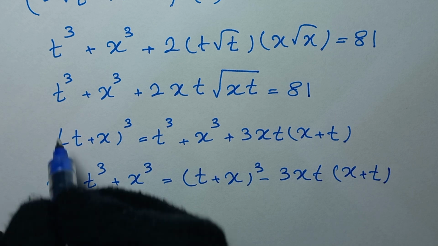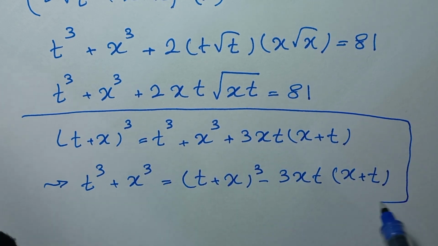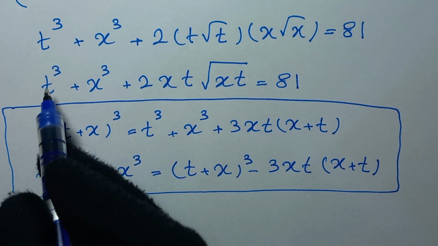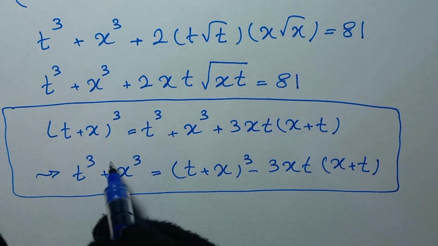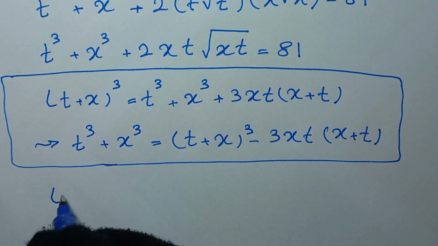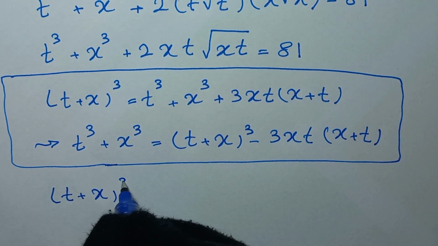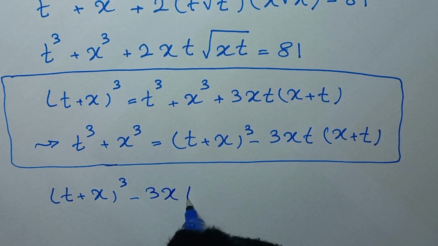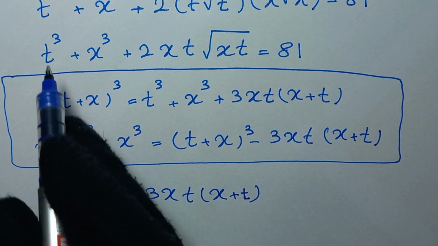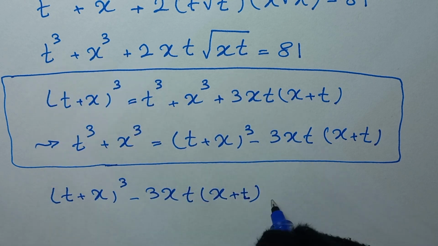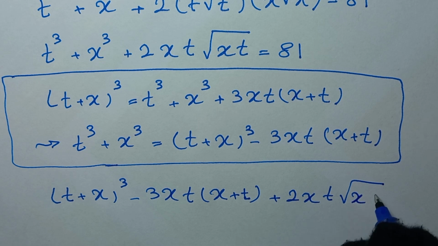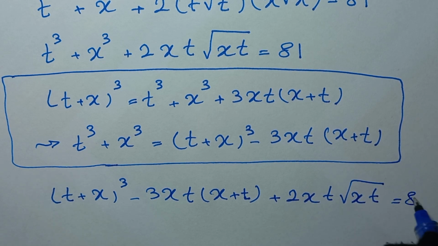So we write t cube plus x cube in this form, and here we have 2xt square root of xt is equal to 81.